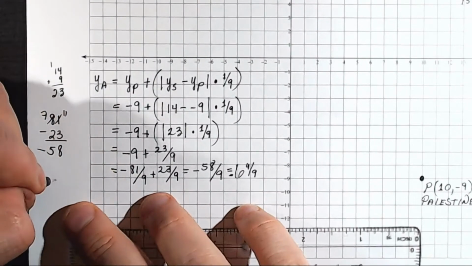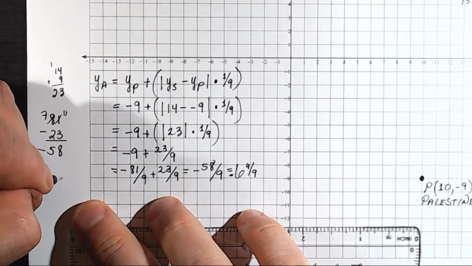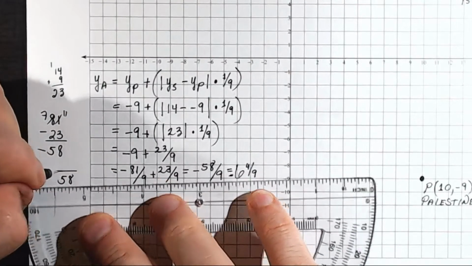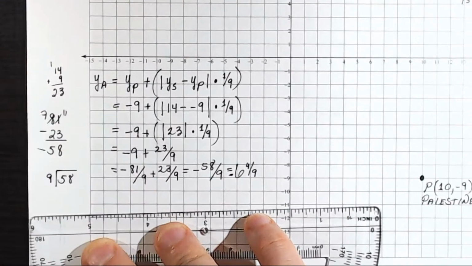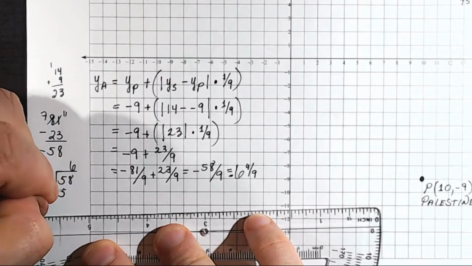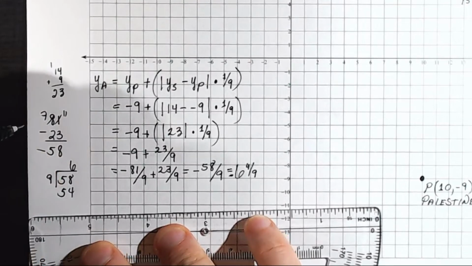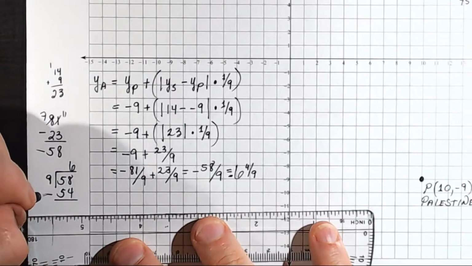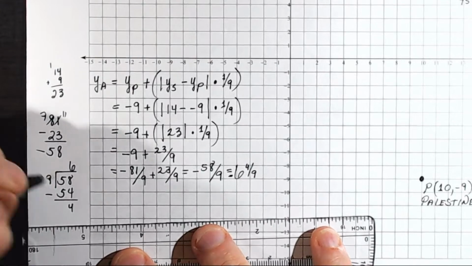We can do that by taking 58 and dividing by 9 over in side work. 9 goes into 58 6 times. 6 times 9 is 54, right? And 58 minus 54 is 4.